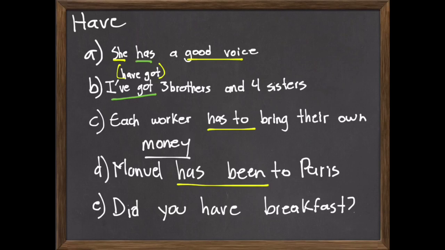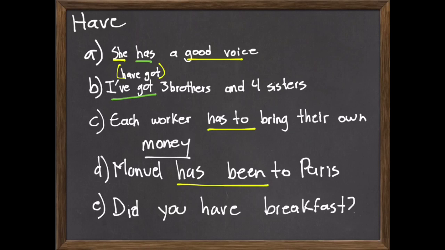In this case, Manuel has been to Paris, and his experience happened, and he still has that experience, even though he isn't in Paris still. And also, it happened at a non-definite or non-specific time in the past.